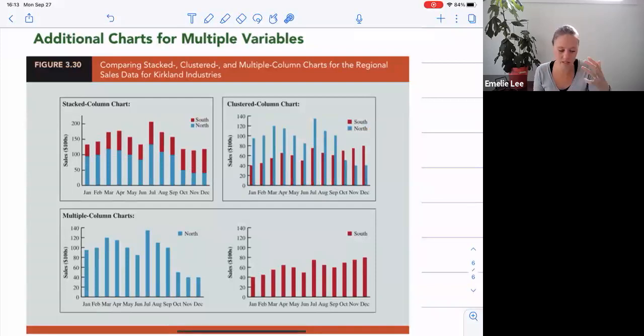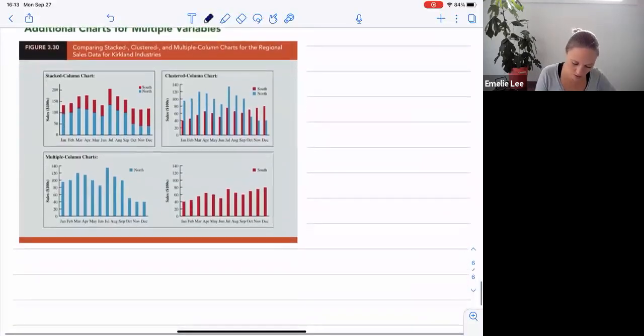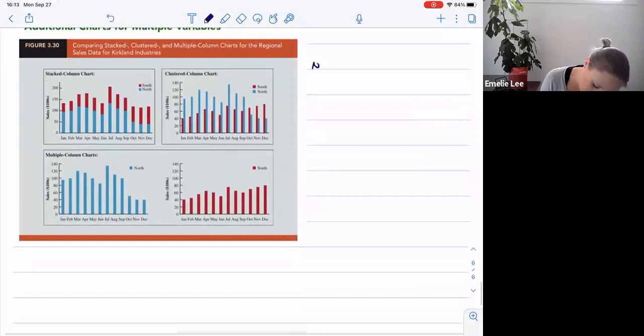So in that case, I would probably opt for something like this, where I could look at the 6 different layers for each bar, and compare them that way. And then of course you could split them up, but often that's not very useful unless you're focusing your analyses on one thing.